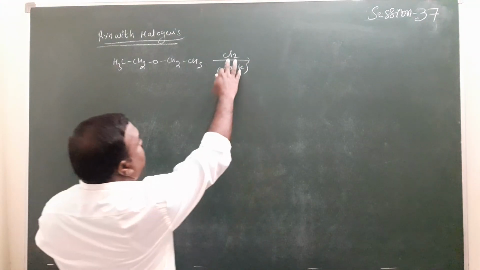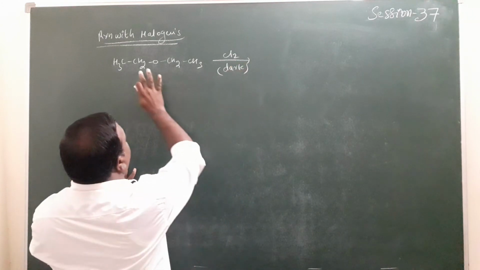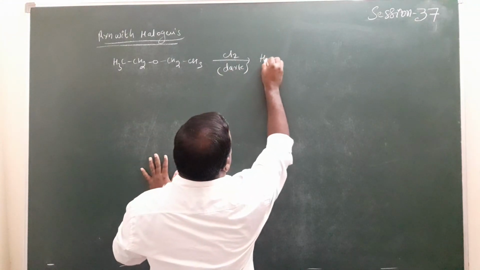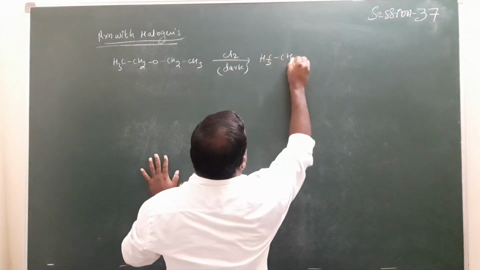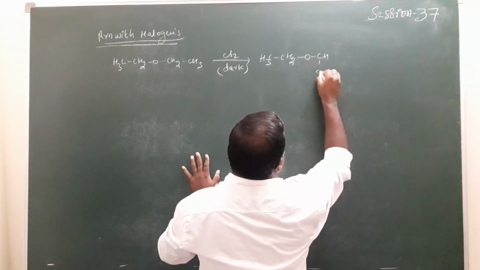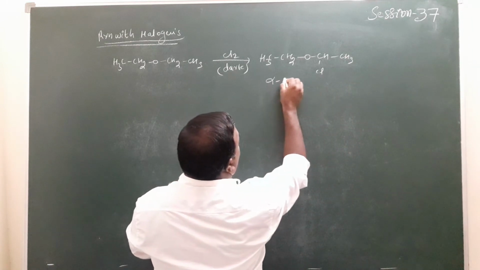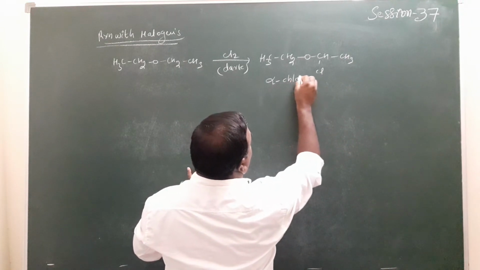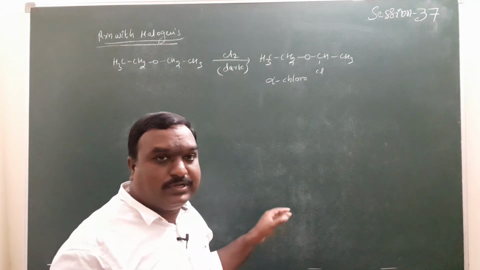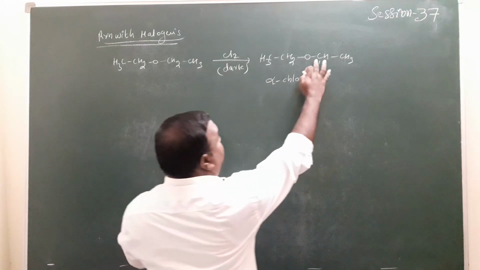Only one mole of chlorine, Cl2, is given. Both are symmetric positions, so one hydrogen is replaced by the halogen, giving Cl, CH3. What is the position of chlorine? It is connected with the alpha carbon, so it is called alpha chloro diethyl ether.